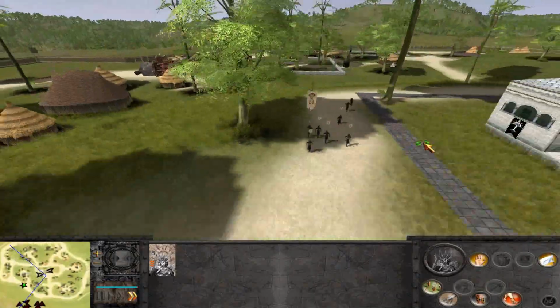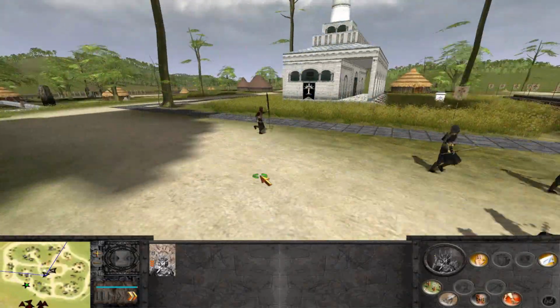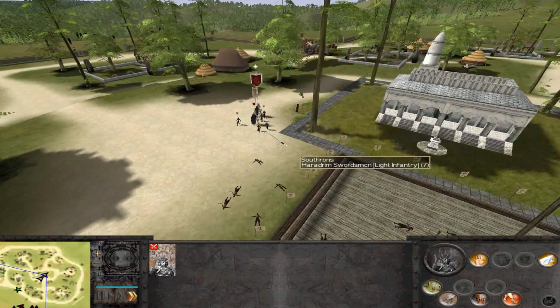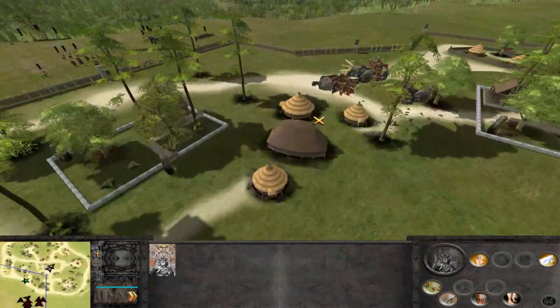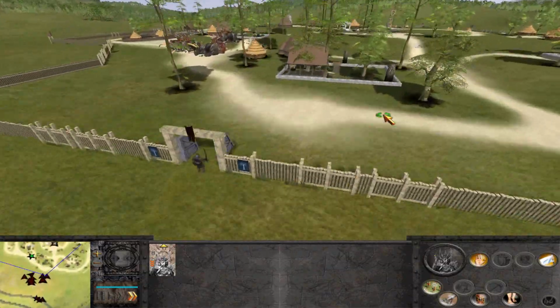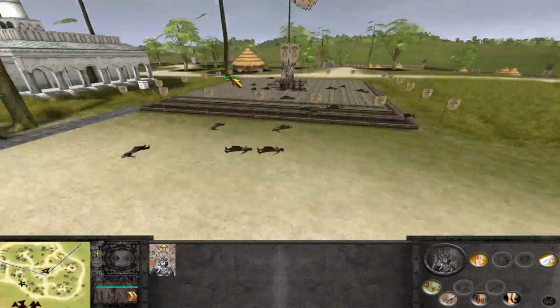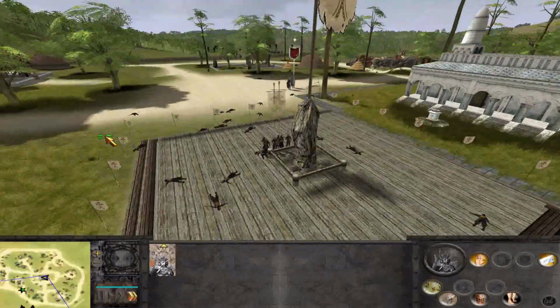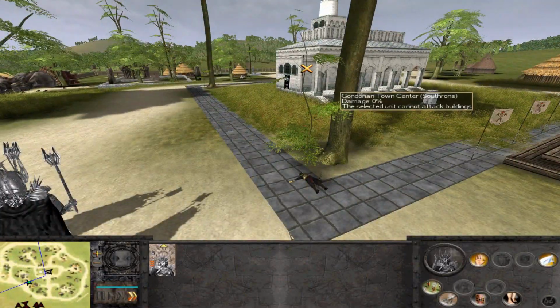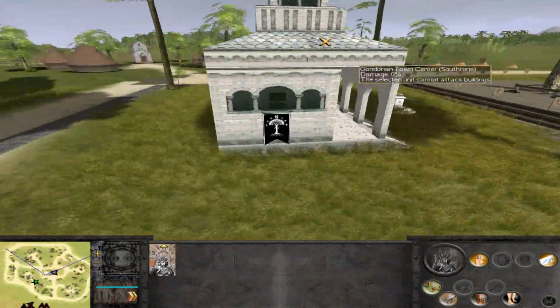Okay. They are sending in some remnant troops towards the plaza. Our allied army did nothing during the battle. They are bugged out for some reason. We have a Gondorian town center.